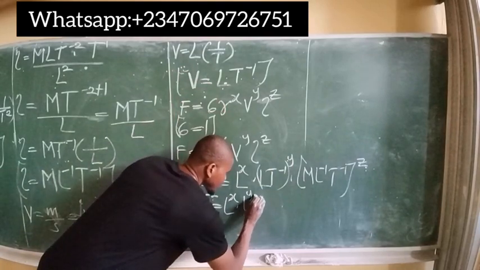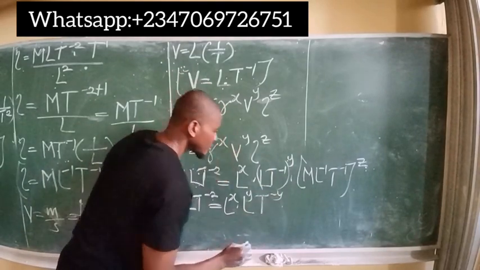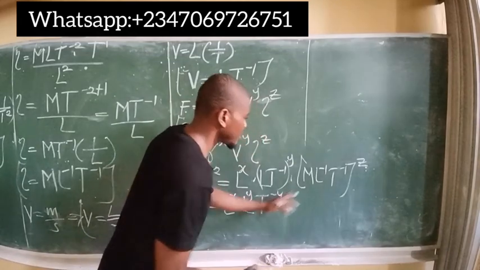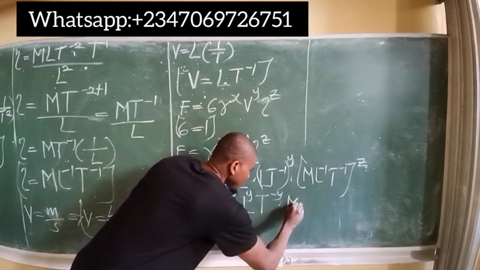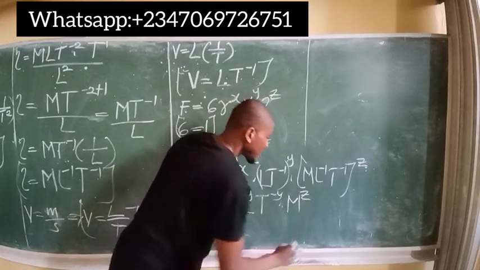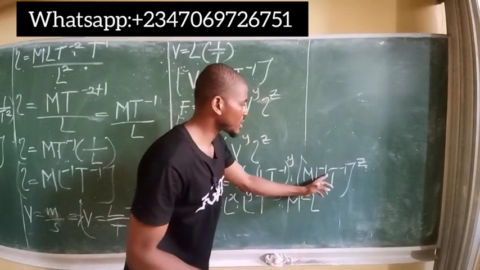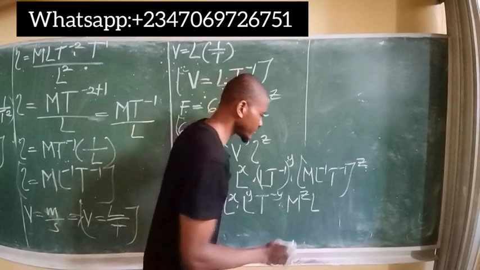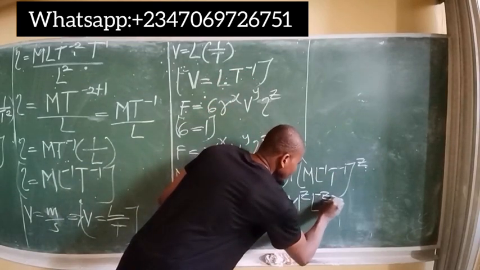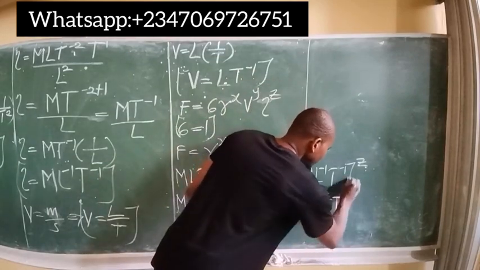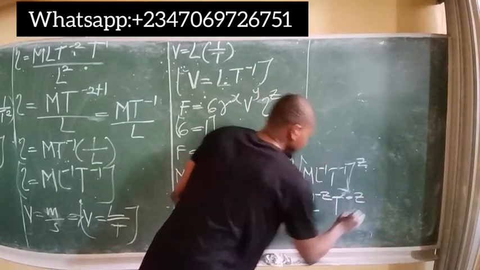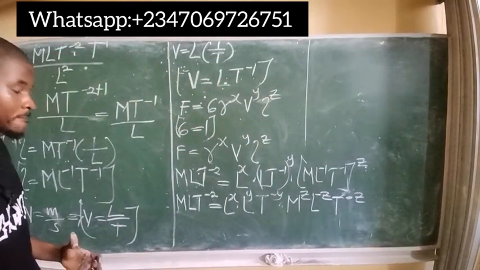That simply gives us T to the power of minus y, times, here we have M times z, that simply gives us M to the power of z. We have here L minus 1 times z, which simply gives us minus z. We have T, same thing, minus 1 times z here simply gives us minus z. So you simply have this.